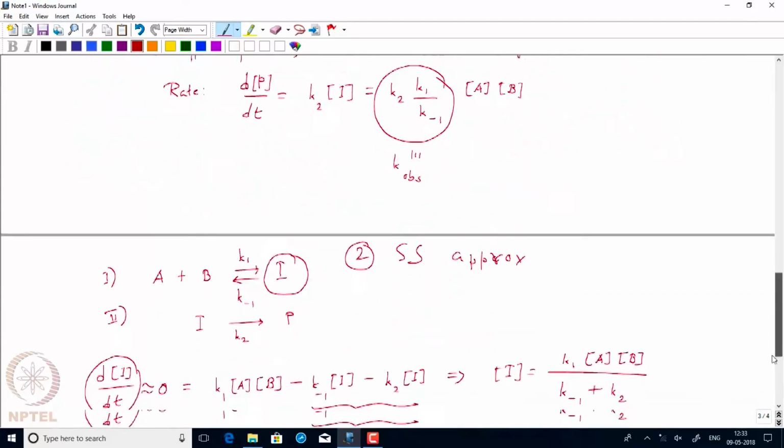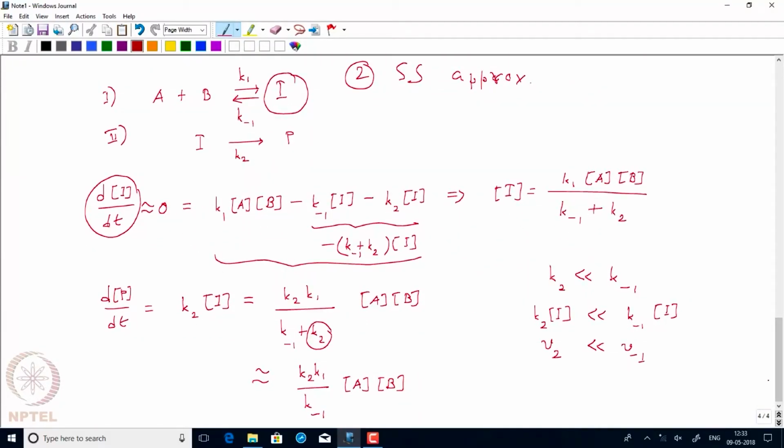Here we are saying that we can rapidly remove the B from the mixture, but it need not be that K2 has to be higher than K1. It can be the reverse reaction, K minus 1, that is higher than K2. So somehow you have to remove the intermediate from the reaction mixture as soon as it is formed. Either it is giving product or it is giving back the reactant.